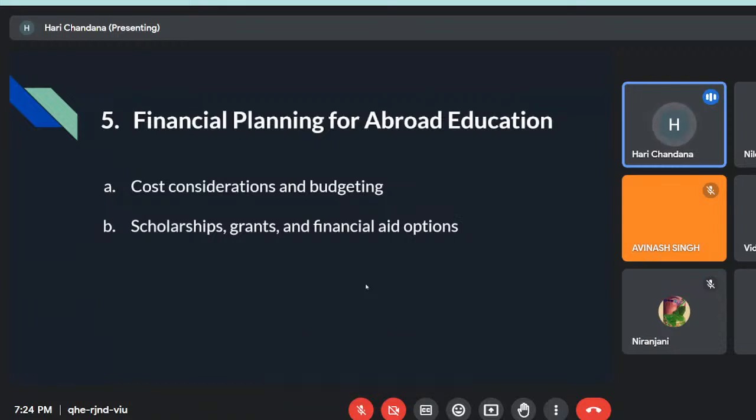If you can afford the full amount of fees and all the expenses, you can proceed with that. Or else, you can take education loans by submitting collaterals or sureties. There are also some schemes on behalf of our government for financial aid and support through scholarships. We have state government scholarships and central government scholarships for overseas education. We can go through that.